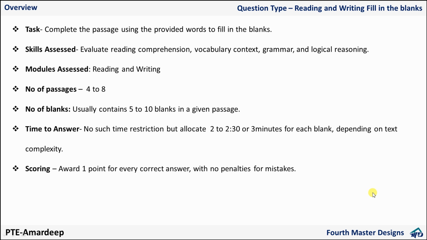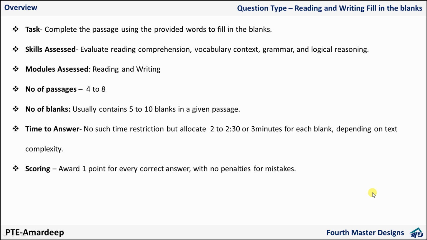After that, scoring. Well, 1 point for every correct answer. Now, it is very difficult to tell what the exact marks are. Maybe 58, maybe 60. Out of 60, maybe 35 you're reading, 35 you're writing, because it depends on the number of questions.